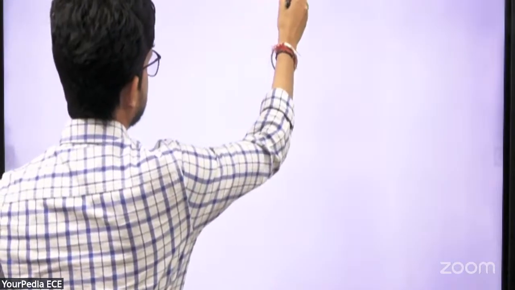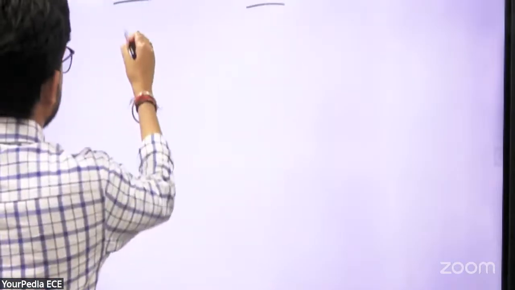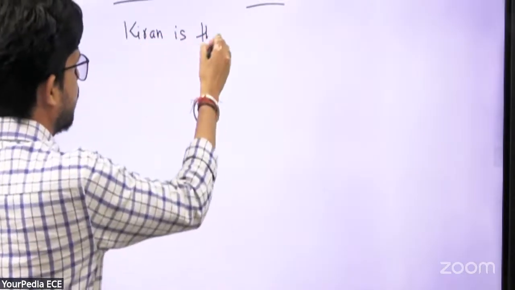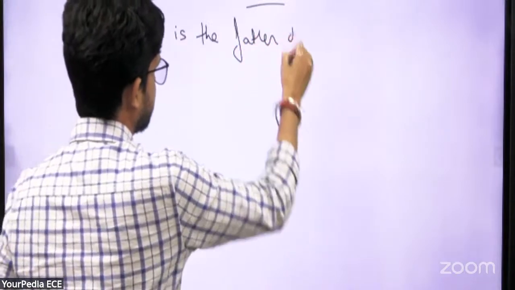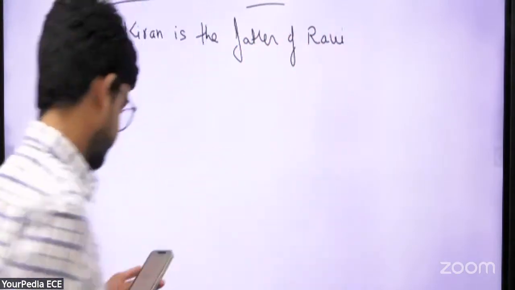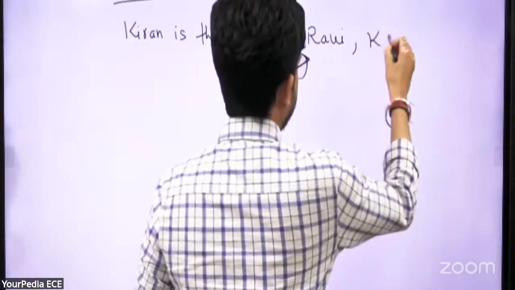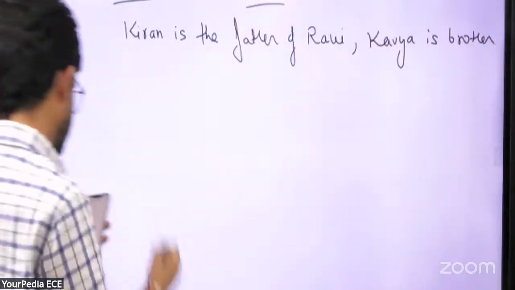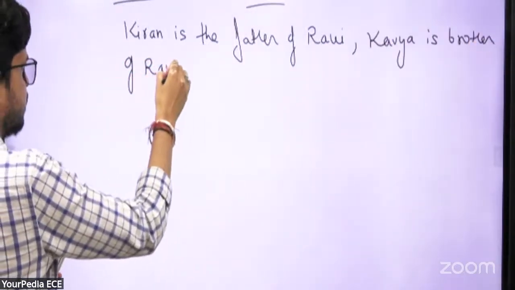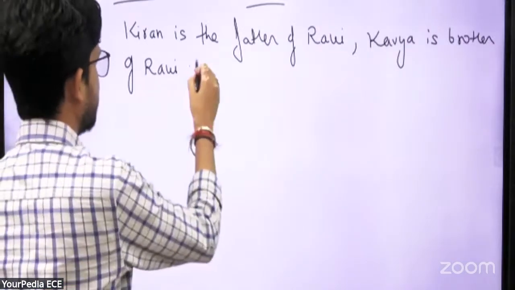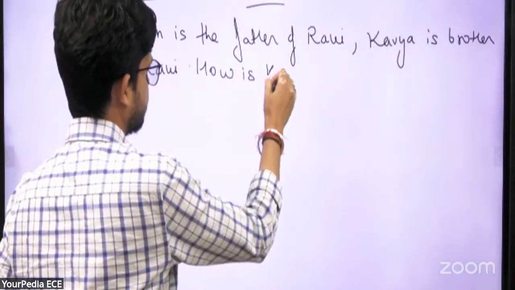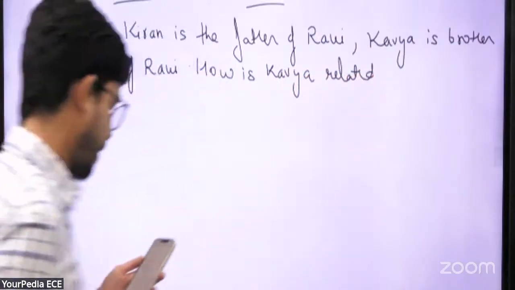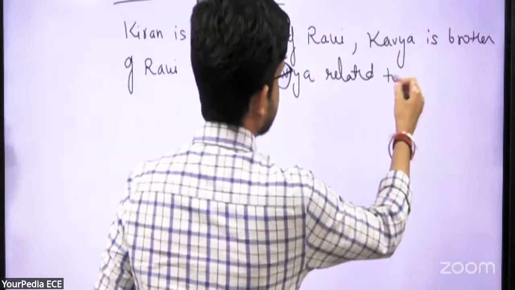And the question is, Kiran is the father of Ravi, Kavya is brother of Ravi. How is Kavya related to Kiran?